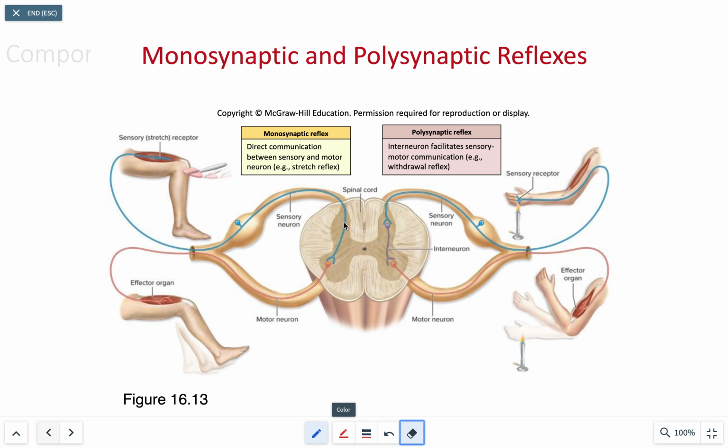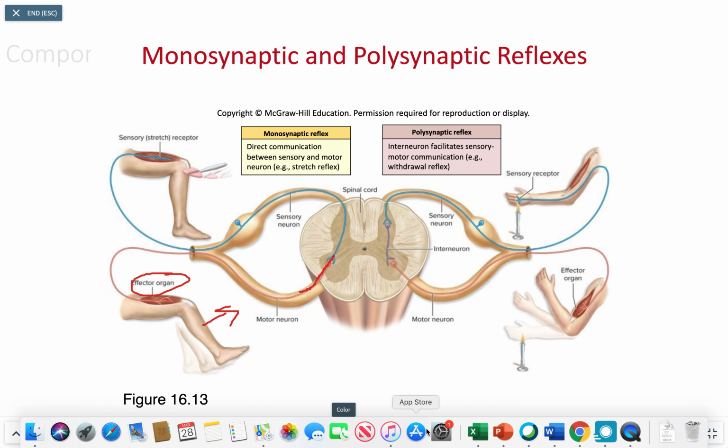But what we should see is that then the motor neuron, once the information is sent from the sensory, we should see the impulse traveling down the motor neuron and eventually to an effector to elicit a response, which in this case would be kicking the leg out.